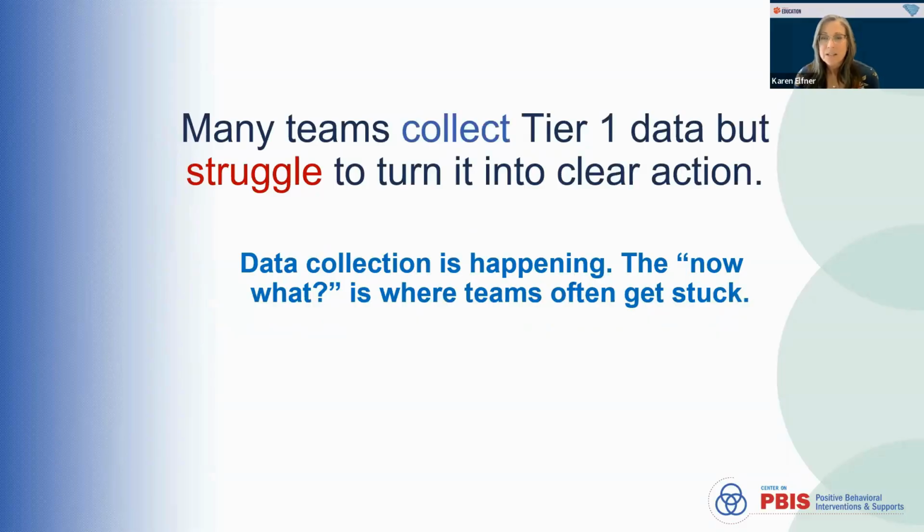We know that many teams collect data around Tier 1, but often struggle to do something useful with that data. We often get stuck in admiring the problem, but how do we take that information and move forward?